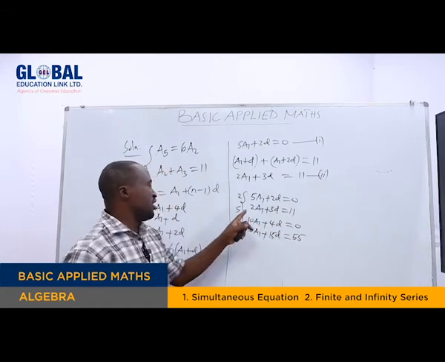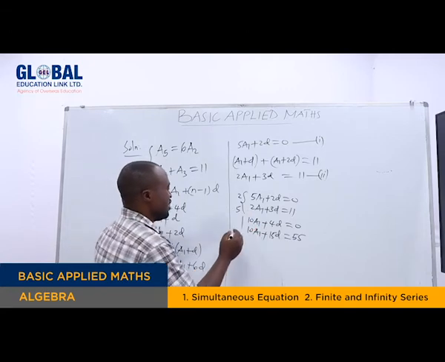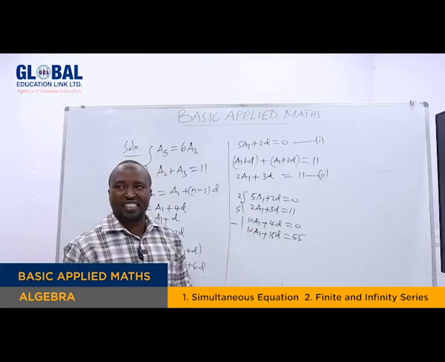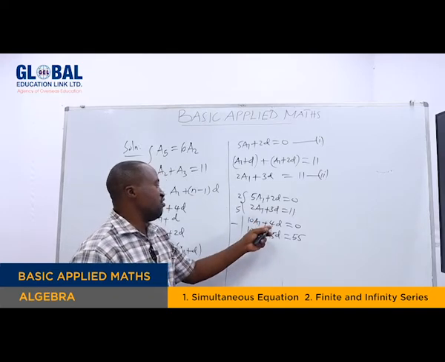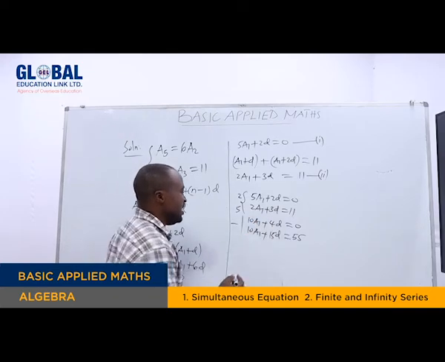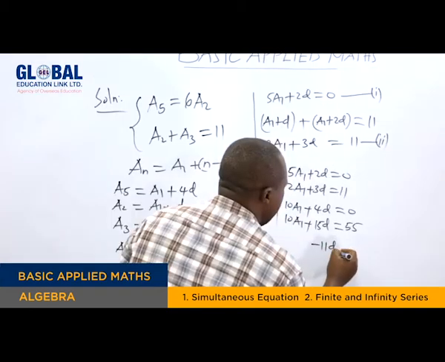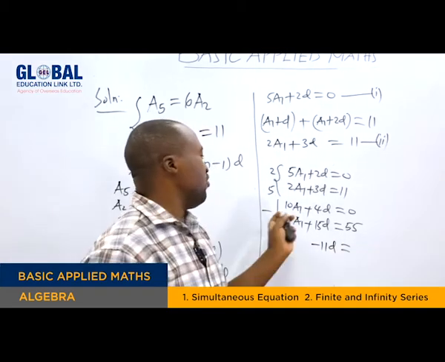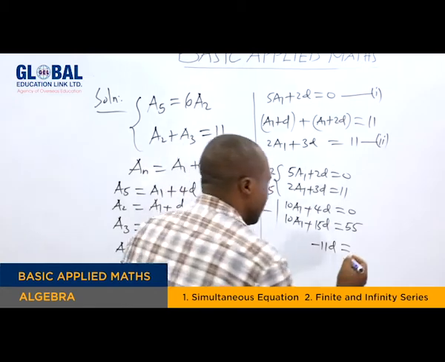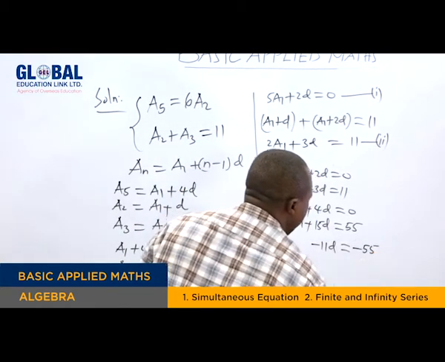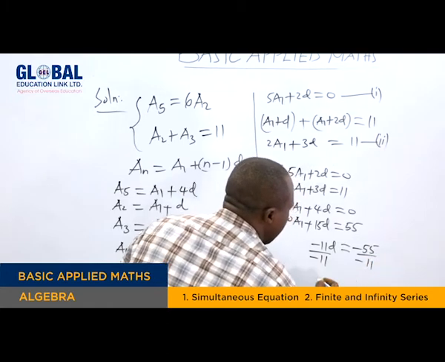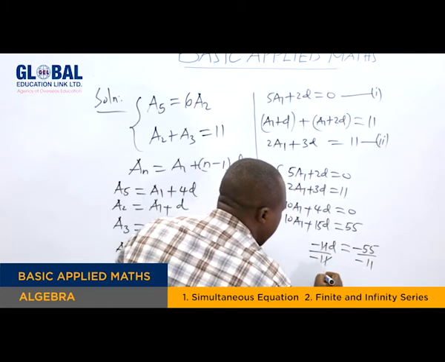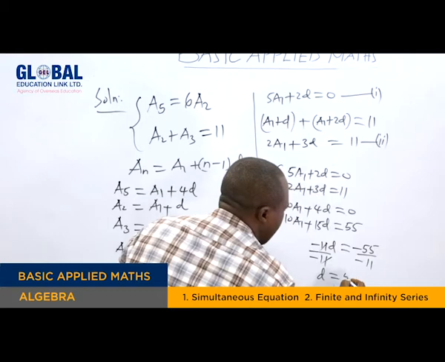Now, we have terms which are the same and positive, so we subtract: 10a1 minus 10a1 is 0. Again, we have 4d minus 15d, that is negative 11d, which is equal to 0 minus 55, that is negative 55. So dividing by negative 11, we have d is equal to 5.